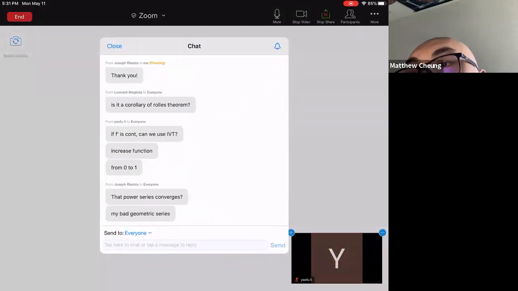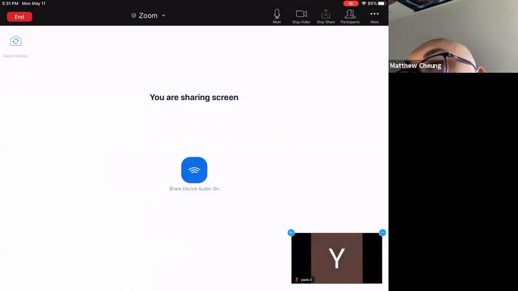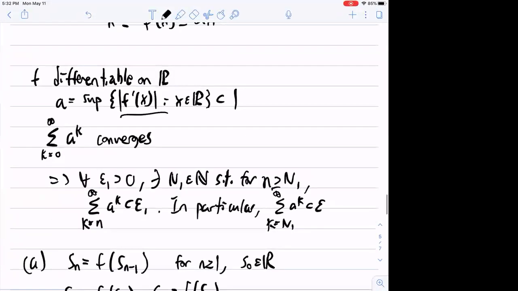Yes, it converges because A is smaller than 1, Joseph. Right here I'm using this fact. An example would be this thing converges because 1/2 has absolute value smaller than 1, but certainly this other thing doesn't converge.